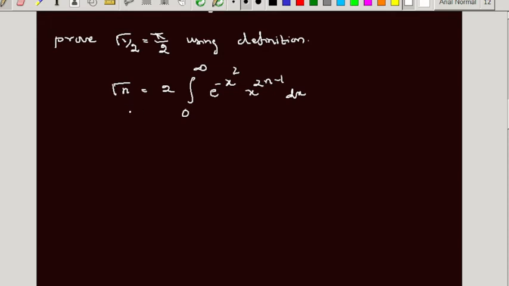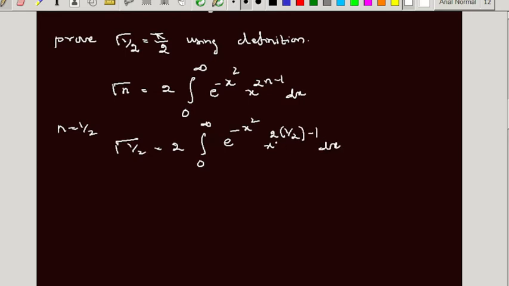Here n is 1 by 2, so we write gamma 1 by 2 equal to, and we substitute in the right hand side. We get x power 2 into 1 by 2 minus 1 into dx. Here 2 gets cancelled, we get 1, 1 minus 1, x power 1 minus 1 is 0, x power 0 is 1.